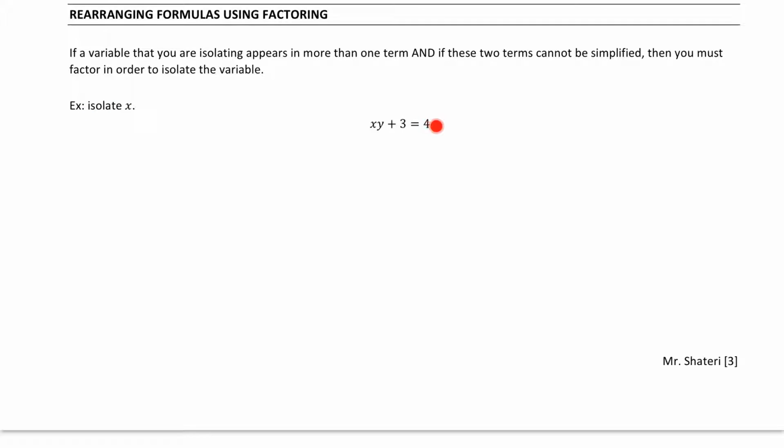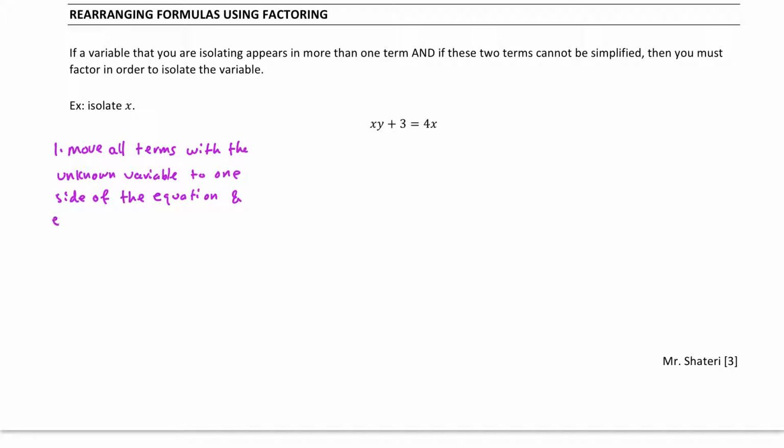So move all the terms that have the variable x, the unknown variable, or the variable that you're looking for, to one side of the equation, and everything else to the other side. So let's do that for this situation over here.